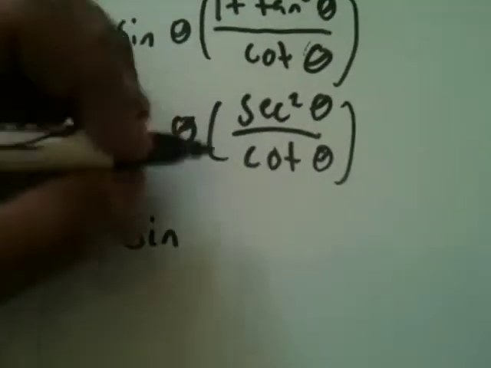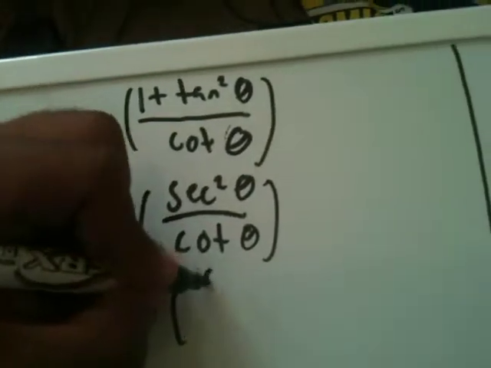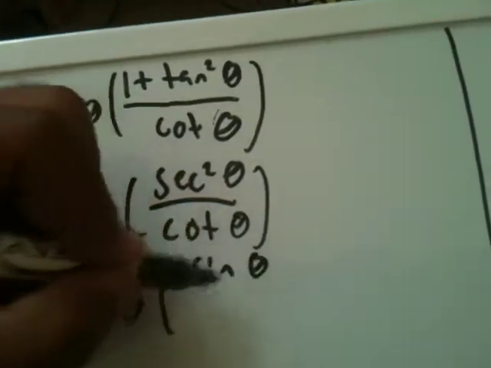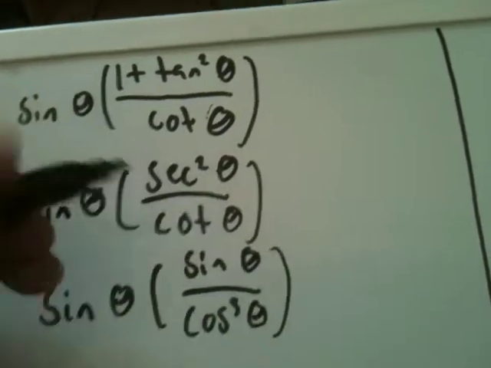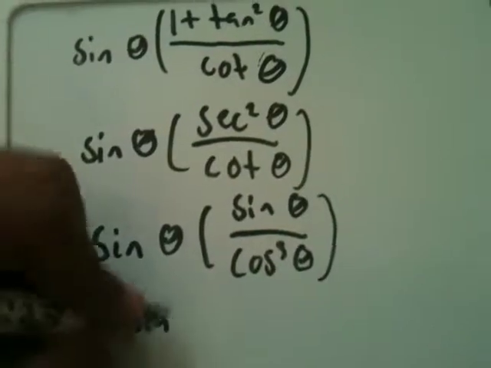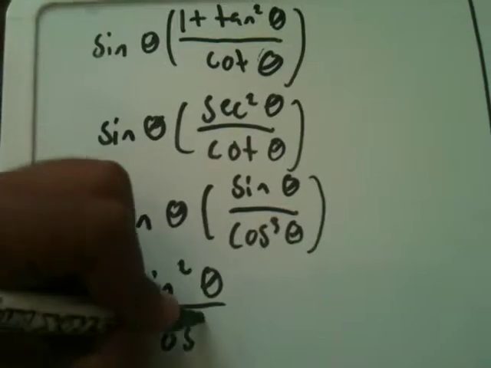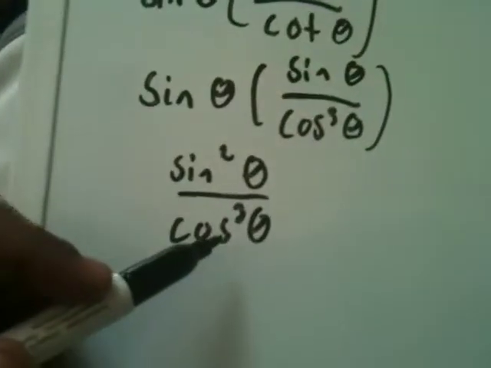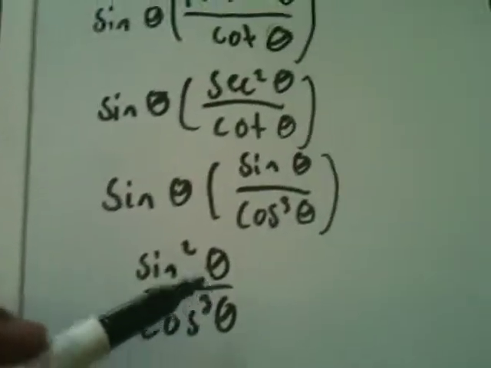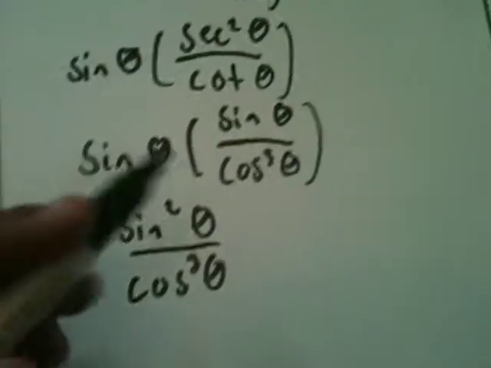So it's sine of theta times the quantity, the sine of theta, over the cosine cubed. We can combine the sine squared of theta over cosine cubed. And you see that the highest power on this is 3, but you can actually combine it with powers of 2, with everything raised to the second power.